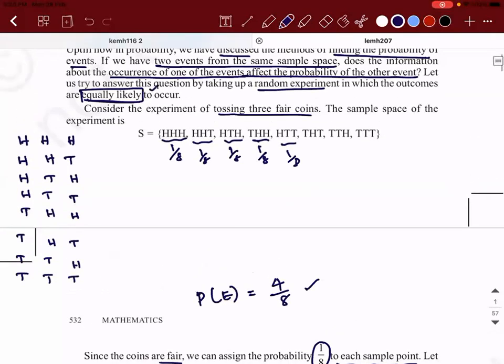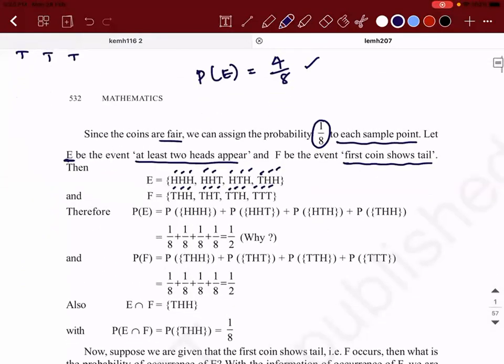Since they use the word equally likely, here alone I'll explain it. The probability of E is the probability of you getting HHH, or HHT, or HTH, or THH. When I say or in probability, am I supposed to do addition or multiplication? Or is addition, that is union.